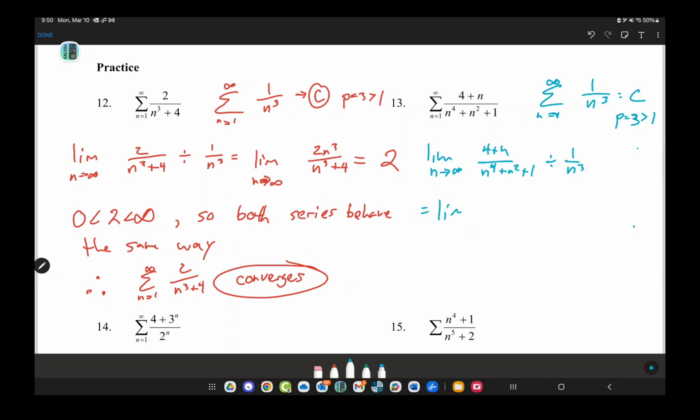That gives me the limit as n goes to infinity of 4n cubed plus n to the fourth over n to the fourth plus n squared plus 1, which is 1.